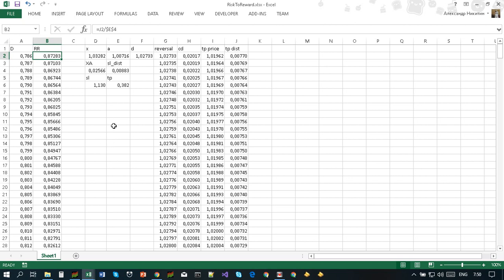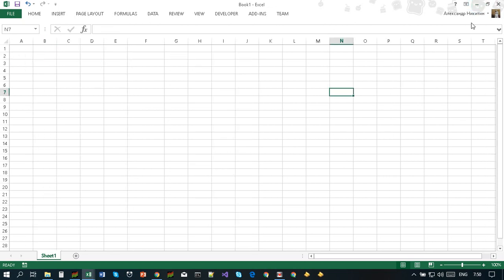So what it means is, if you consider your risk being 1, your reward is 0.87 of that 1. If you consider it being 1%, then it is 0.87%. If you consider that $1, then it is 87 cents. Yes? And the like.